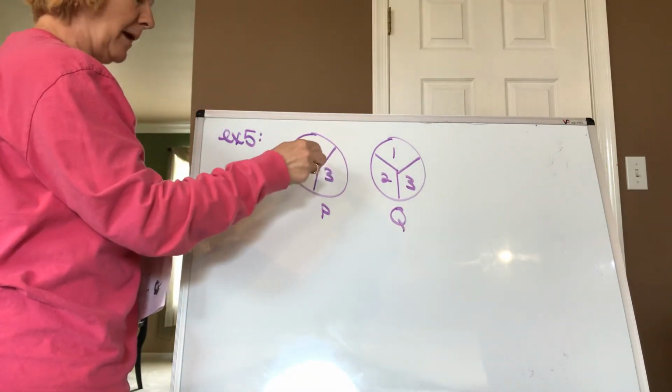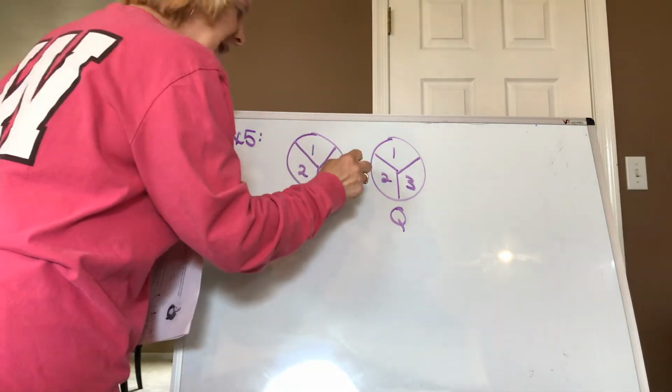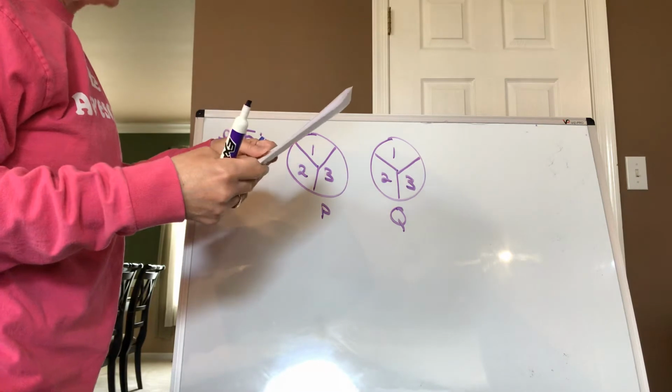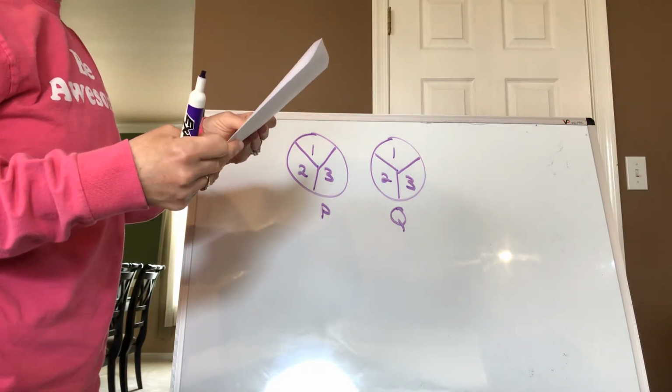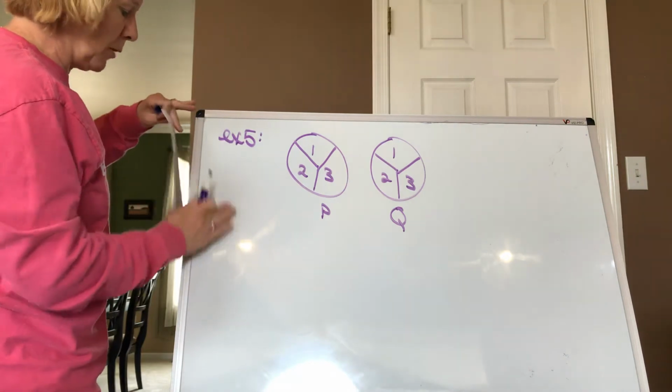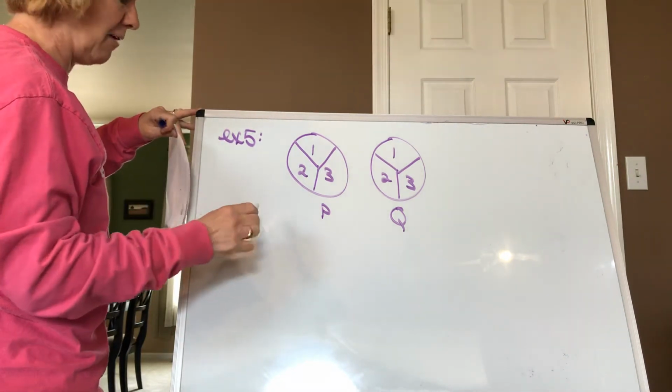We're going to spin this one, and then add it to what we get when we spin that one. It says, what is the probability that the sum of the numbers will be 5? Now, this is one where you have to find the outcomes.